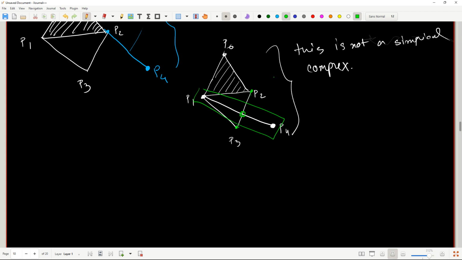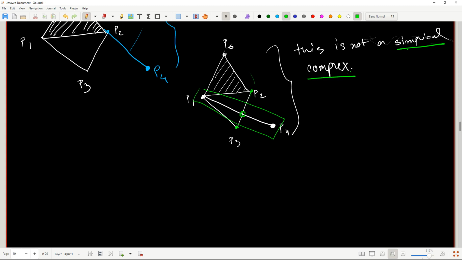Because the intersection is not null, and at the same time it is not a face of this simplex, this is not a simplicial complex. That's what the second condition means.